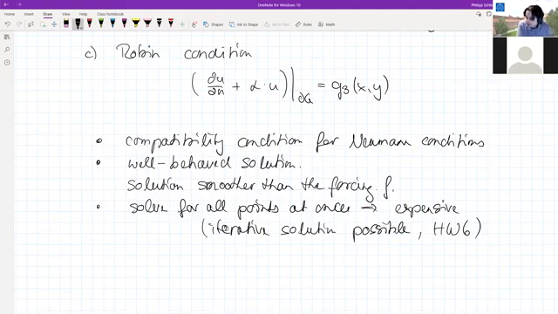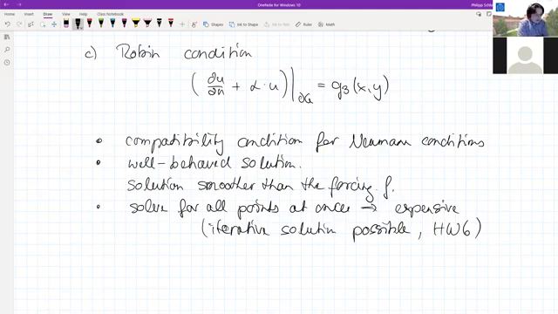Now, I realize that in 2 minutes it's 5 o'clock, and then we should stop. Let me just make one last comment, which connects back to the idea that we had with the characteristics. When we talked about the characteristics, I was saying that they are the directions in which the information flows. So that gives you a natural propagation direction.